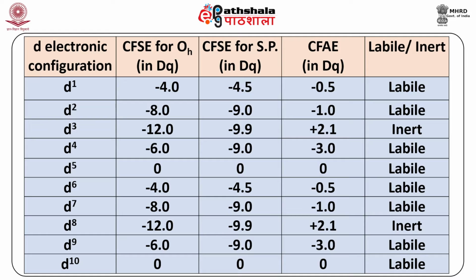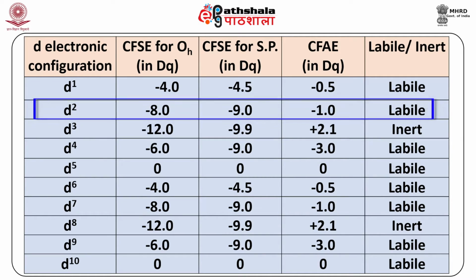Similarly, if a second electron enters, then in case of the reactant, that is in the octahedral structure, the crystal field stabilization energy would be 2 into minus 4 Dq plus 0 into plus 6 Dq. Overall, crystal field stabilization energy would be minus 8 Dq.